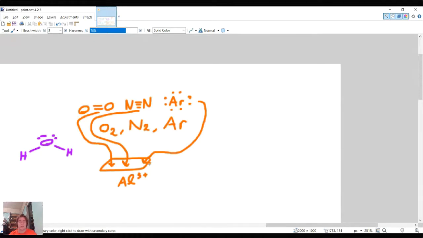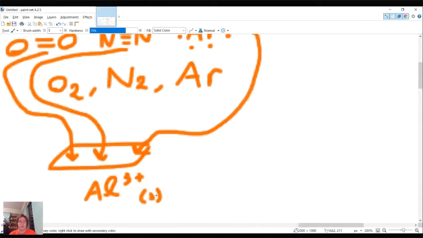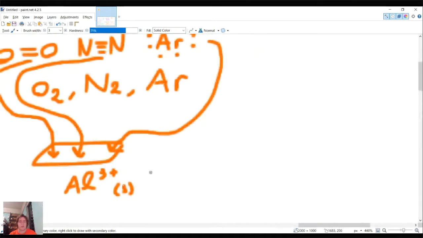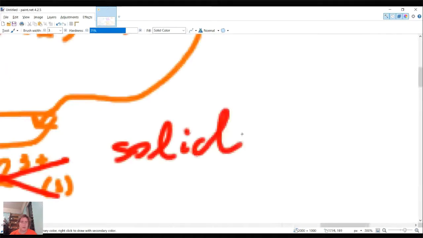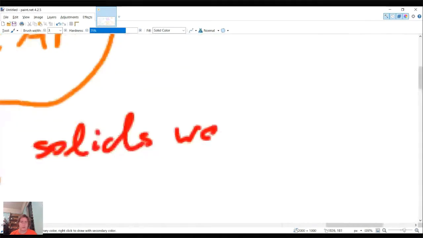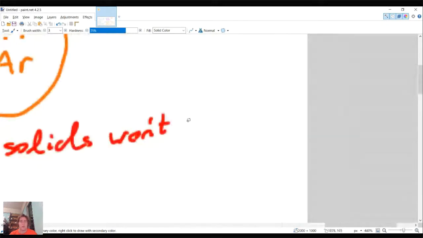So a solid aluminum with a charge is not very coherent. I'll make that very clear. Solids won't have charge.